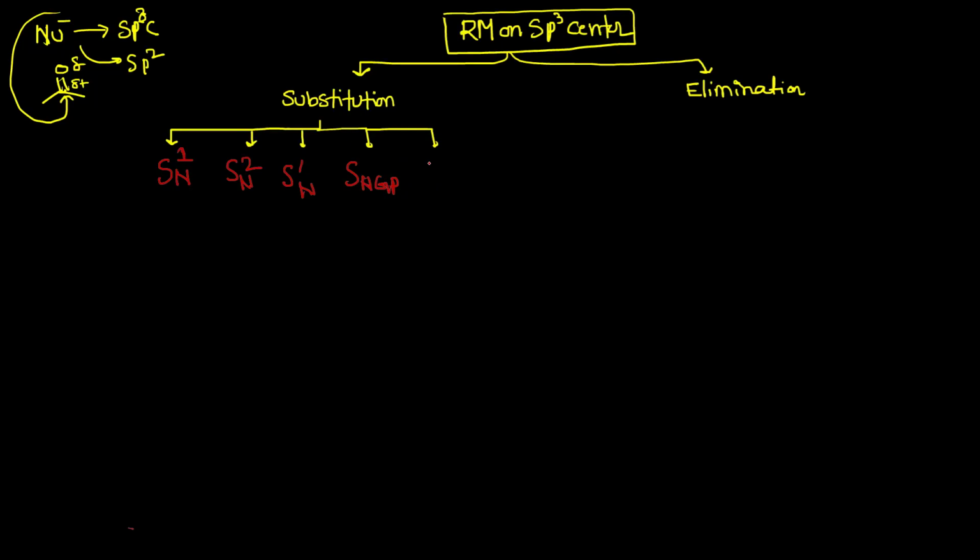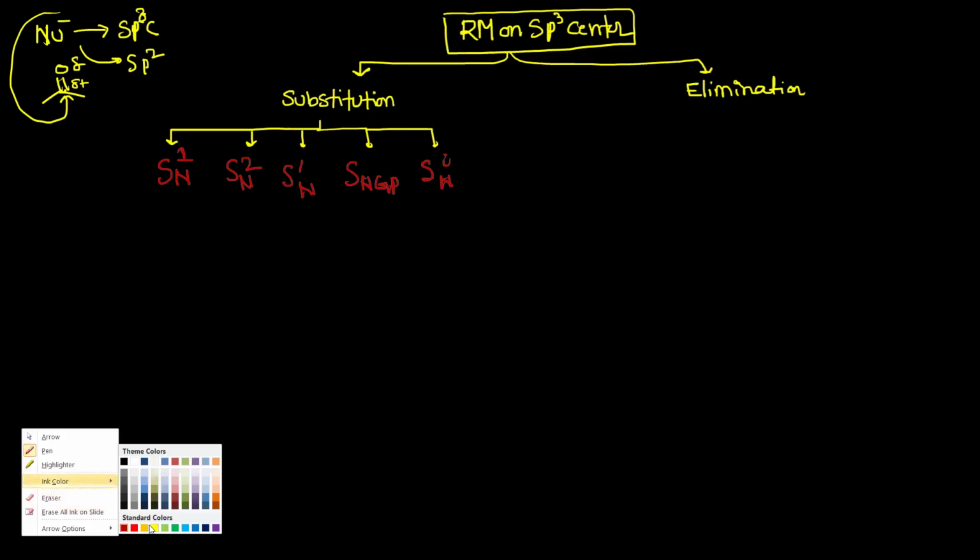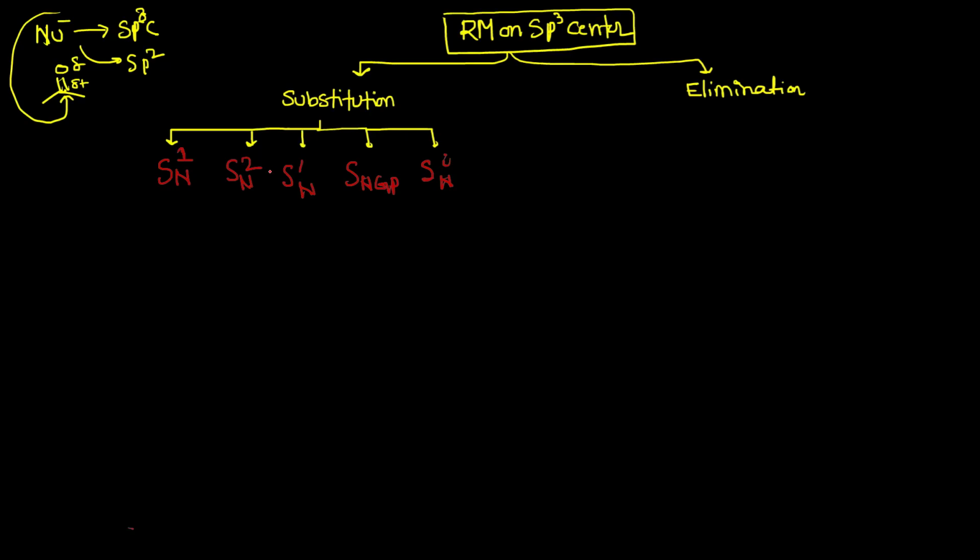Okay. Then SNI. If I talk about the importance of these five reactions, SN1 and SN2 are most important, then SNGP. So these reactions are more frequent. If I take 100 substitution reactions, then majorly we will find these three reactions.